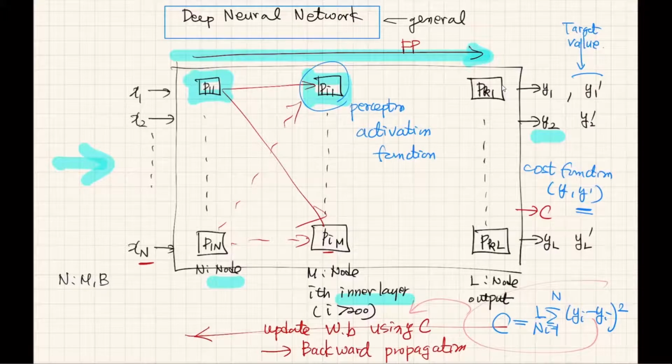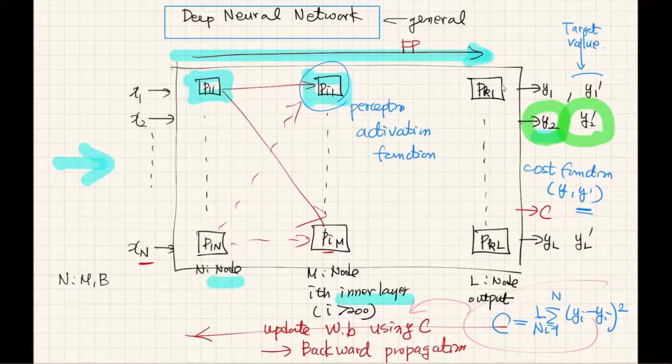However, if your output and the real number have some certain differences, that is defined by the cost function. This is a very simplified cost function, but later on we will give you some more idea about complicated cost functions such as softmax and entropy function.